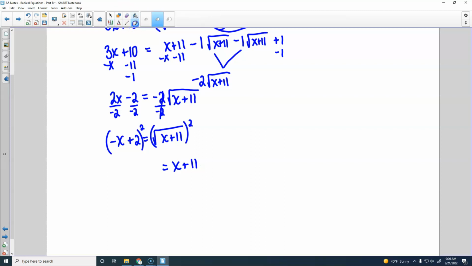Okay, so on this right-hand side, I got the x plus 11. On the left-hand side, what am I going to get there?